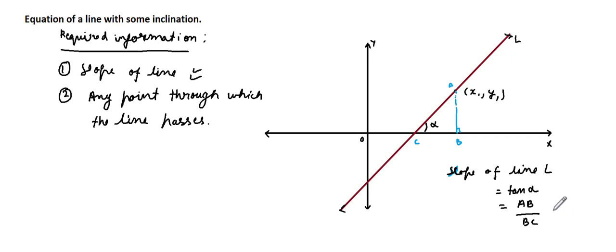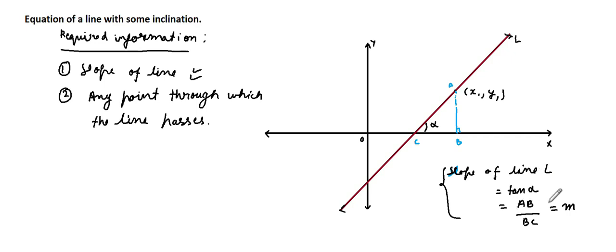Sometimes the slope of a line is denoted by the small letter m. By the slope of a line, we can get an idea of how much a line is inclined to the x-axis and also to the y-axis.